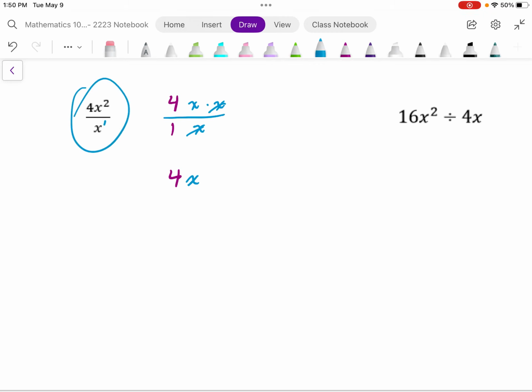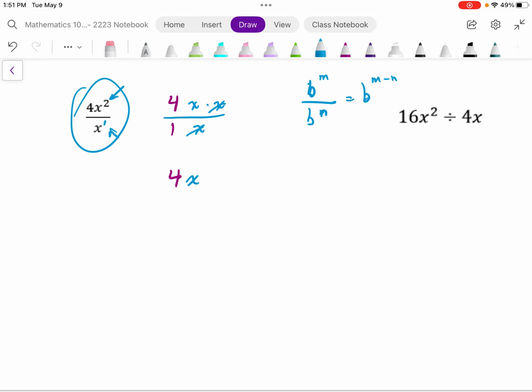Now, here is a nice helpful hint as well. If you recall, all the way back to the exponents unit, if we divide some base to the power of m divided by some base to the power of n, what we do is we subtract the exponents. Well, same thing goes on here.